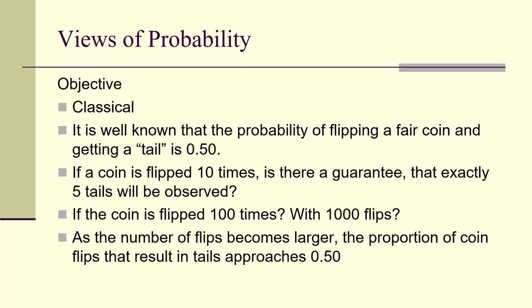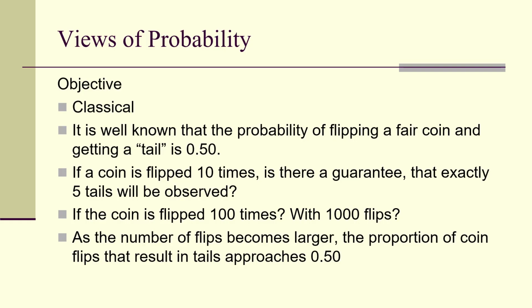If a coin is flipped 10 times, is there a guarantee that exactly 5 tails will be observed? If the coin is flipped 100 times, or thousands of flips, as the number of flips becomes larger, the proportion of coin flips that result in tails approaches 0.5.